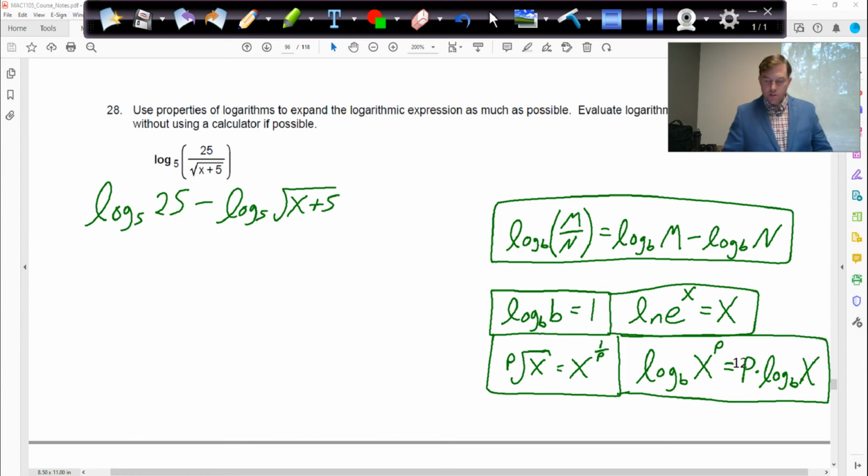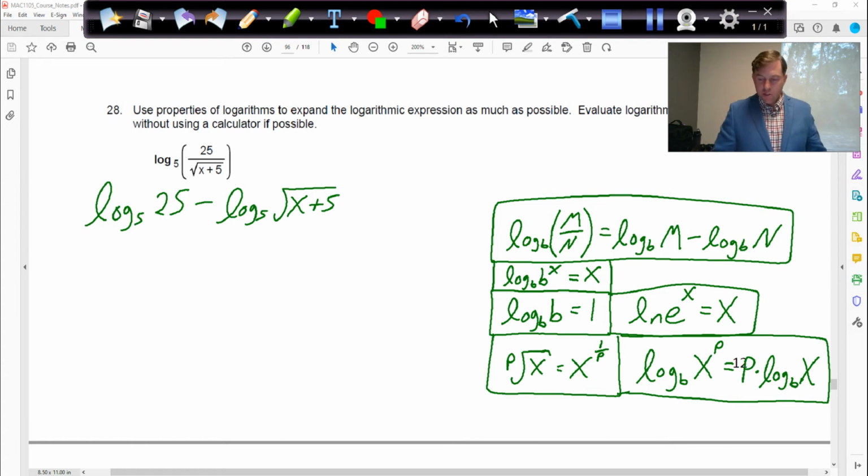And we're going to remind ourselves of a rule we've seen in the previous section: if you have the log base b of b to the x, that's just equal to x. The one below it, log base b of b equals 1, is actually just a subcase of this one, where the power is 1.